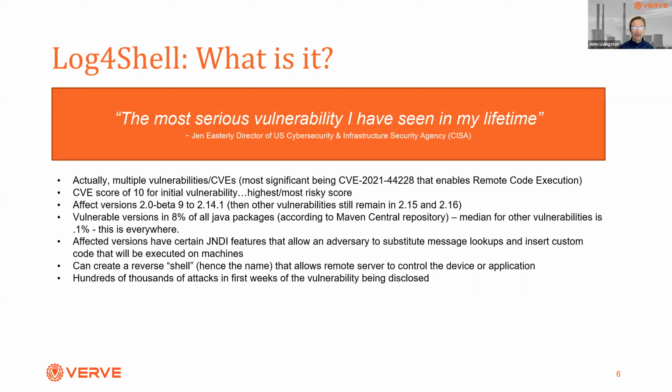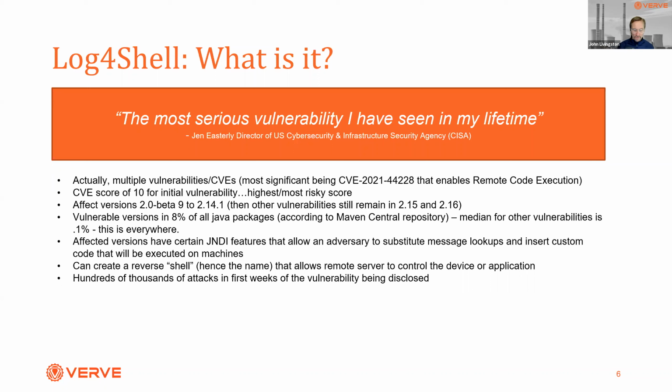Just to give you a sense of how widespread this is, the vulnerable versions of this software are in 8% of all Java packages. You can think of the number of Java packages that are out there. The median for other vulnerabilities is 0.1%, so other Java vulnerabilities apply to 0.1% of Java packages. This applies to 8% of them. It is very widespread.